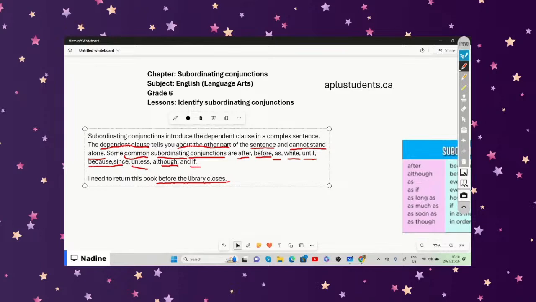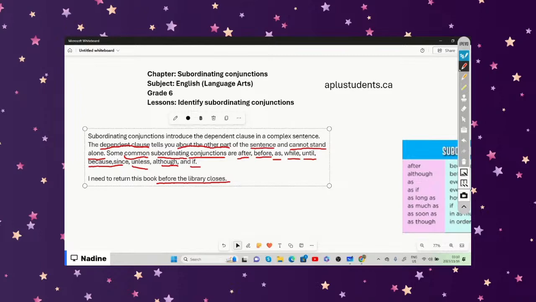So basically, our subordinating conjunction introduces the dependent clause. Like we said, a dependent clause is within a complex sentence, and it cannot stand on its own. However, our subordinating conjunction is almost like the gateway to introduce the dependent clause, right?